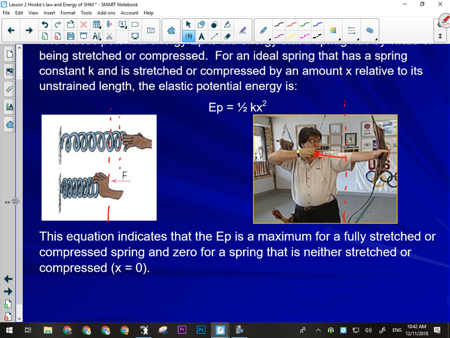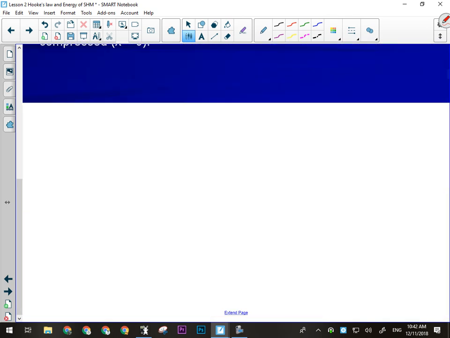All right, so the same thing is going to govern this as governed a roller coaster. We're still going to say that the initial mechanical energy equals the final mechanical energy. It's just instead of going m times g times h, now we're going to put in 1/2 kx squared. So we'll still say this, initial potential plus initial kinetic equals final potential plus final kinetic.